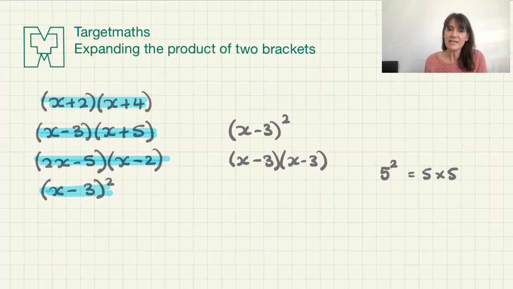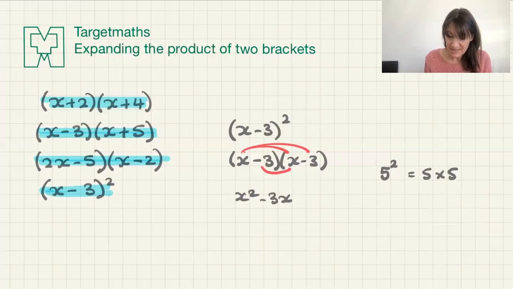It's a very sneaky way of hiding a crab's claw question. So if they wanted to just try and make this a little bit harder, that's the sort of thing that they're going to do, because you've got to know to write the 2 brackets out for yourself. Now I can crack on. X times x, x squared. X times minus 3 is minus 3x.